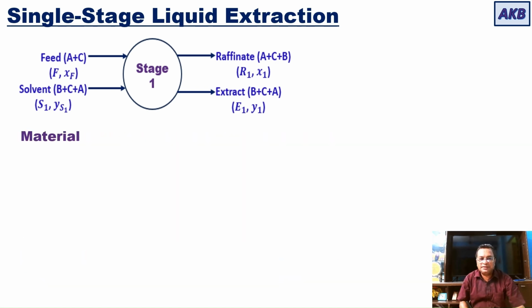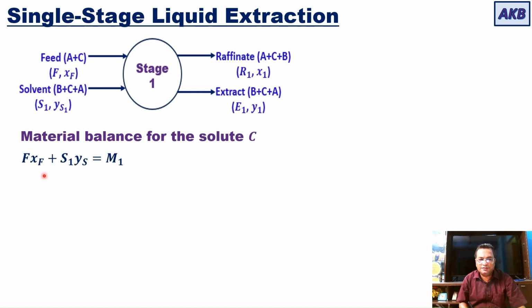Okay, so next we are going to write material balance for solute C. So it will be F into XF plus S1 into YS, that is total feed into weight fraction of solute in it, plus total solvent into weight fraction of solute in it, that is equal to M1, total mixture, into XM1.